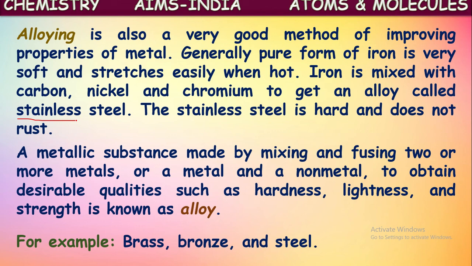For example, brass is an alloy of copper and zinc. So when copper and zinc are melted and mixed, they form an alloy called brass. And bronze is an alloy of copper and tin. And just now you have seen steel is an alloy of iron, nickel, chromium, carbon, etc. These all mixed, it forms steel. These all are called alloys.